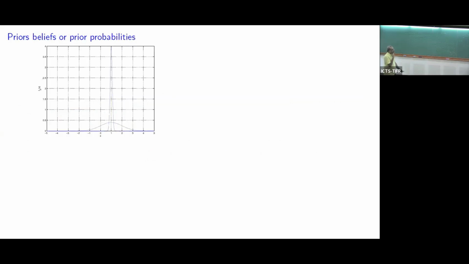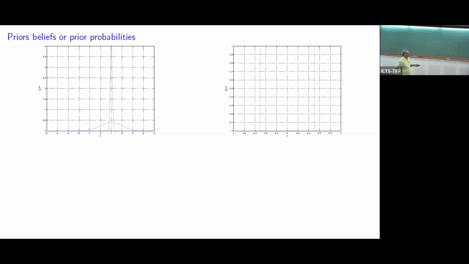Now because we have probabilities as representing beliefs, these are some examples of prior probabilities that you can give. For example, if you are thinking about this problem of inferring voltage, in that example that we had seen, what we have here is a function that looks like this.